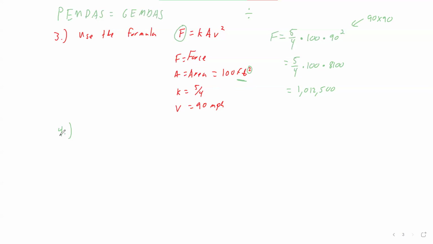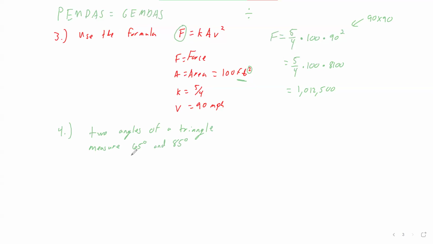This next one's kind of the same concept. So this one says there are two angles of a triangle, and they measure 65 degrees and 85 degrees.